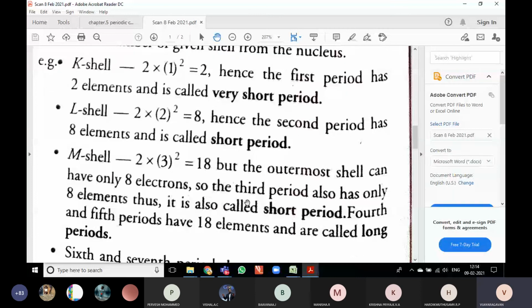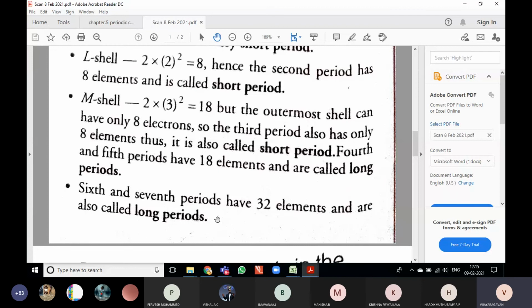The sixth and seventh periods have 32 elements and are also called long periods. The extra elements are called the lanthanide and actinide series.